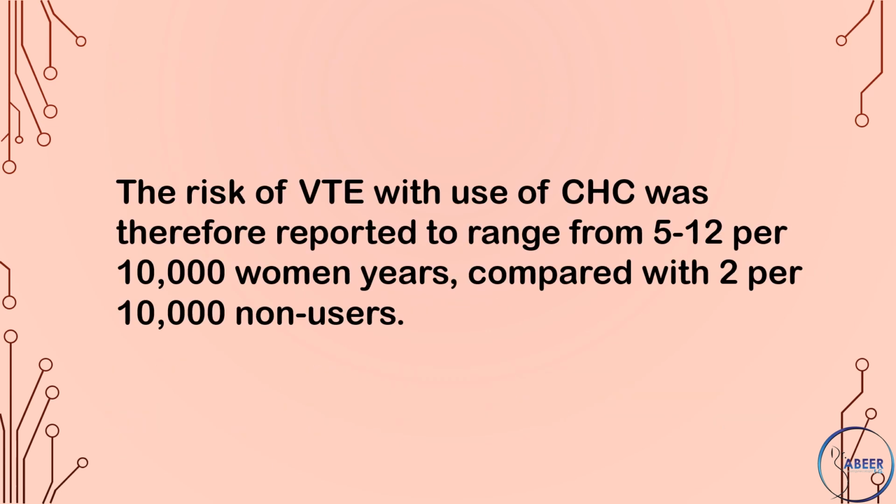The risk of venous thromboembolism with use of combined hormonal contraceptives was therefore reported to range from 5 to 12 per 10,000 women years, compared with 2 per 10,000 non-users.